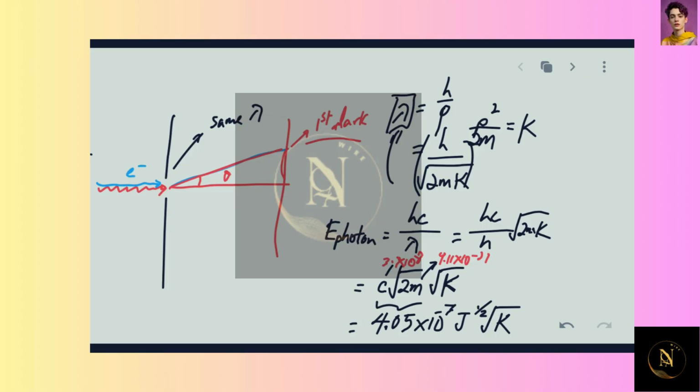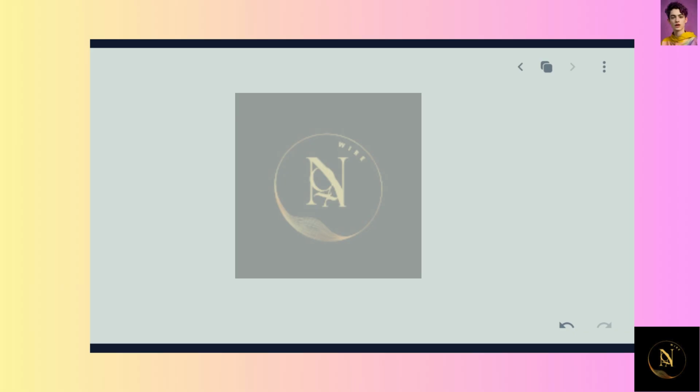Now to actually determine whether the kinetic energy of the electron or the energy of the photon is greater, we can just take the ratio of the energy of the photon to the kinetic energy.